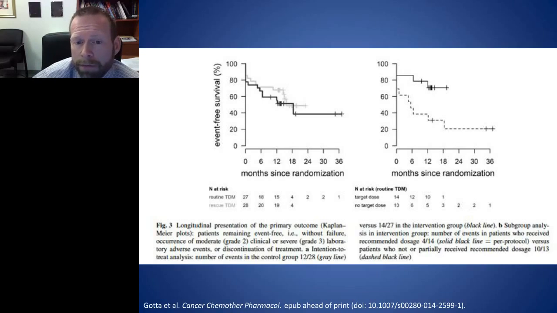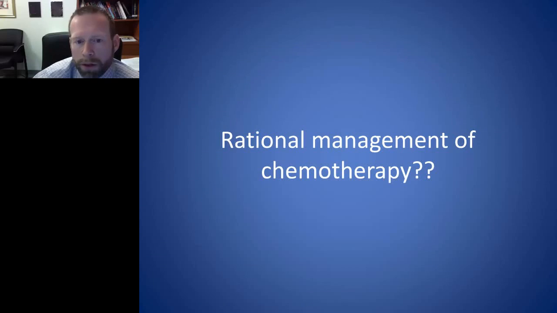In either case, and this is a very small number of patients, so it's hard to make a definitive statistical conclusion from this, it suggests that if the physicians followed the protocol according to the blood level monitoring of the drug, those patients fared better than those who did not follow the protocol.